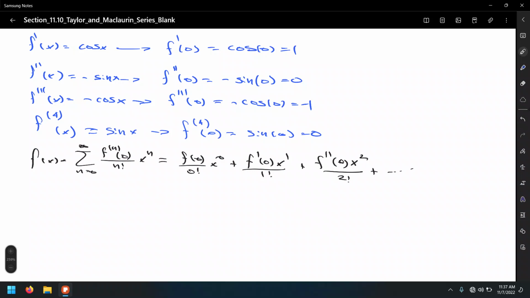The order of the derivative with the power and the factorial in the denominator, the same number.